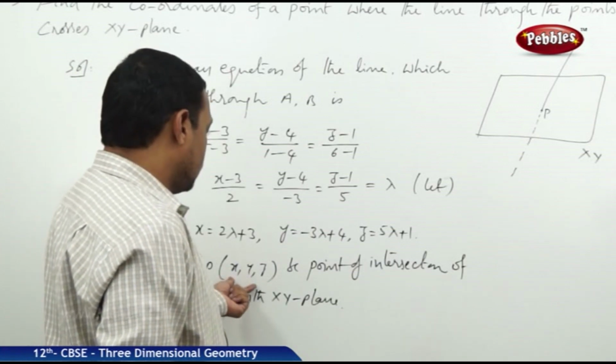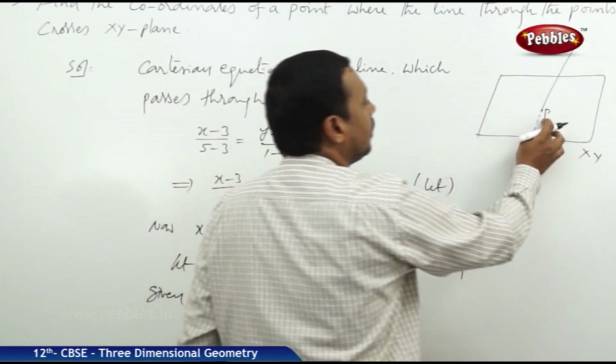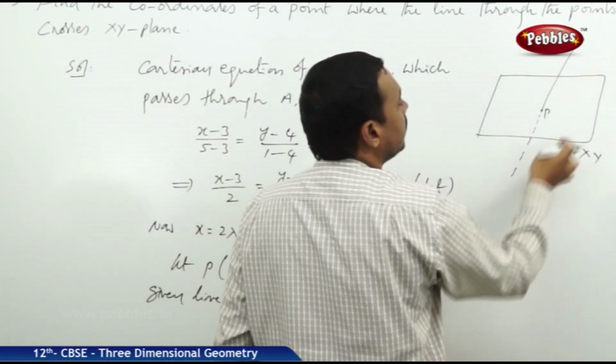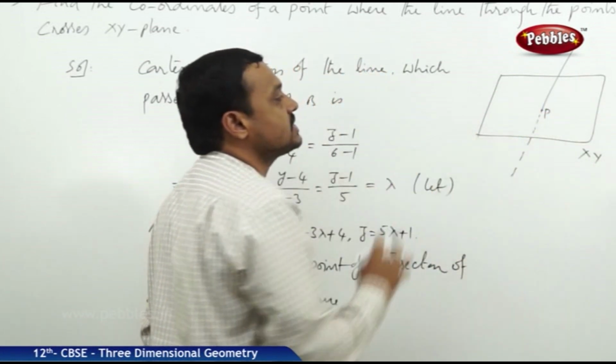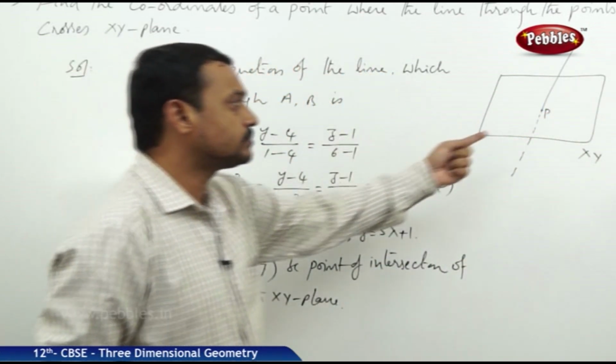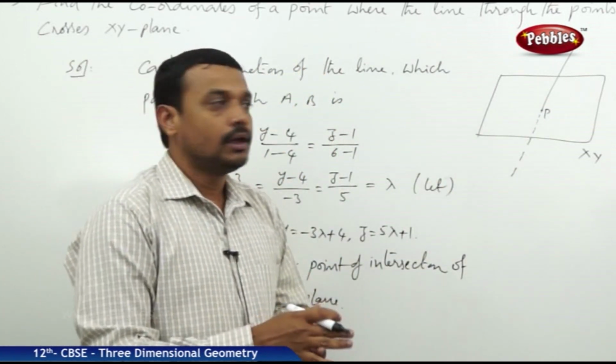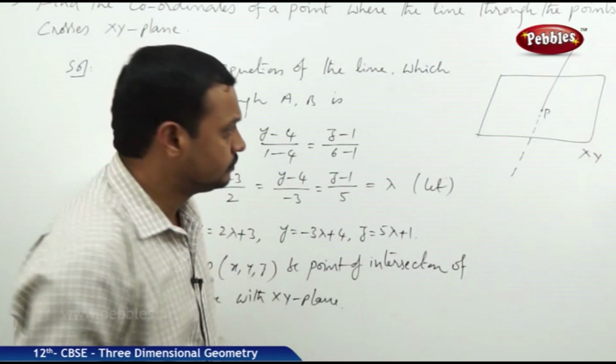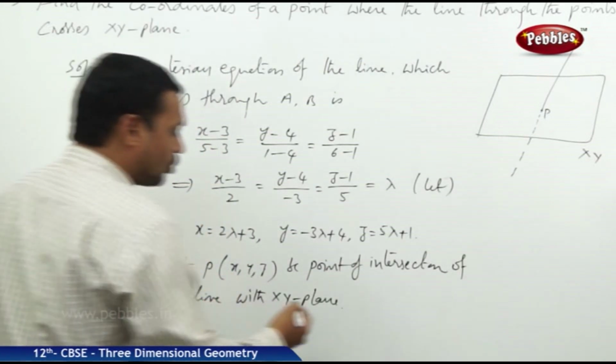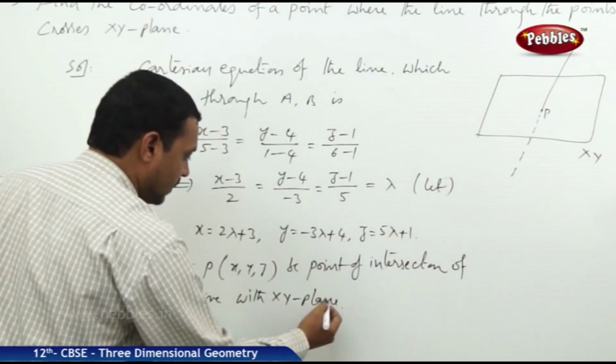See, let this point be a general point on the line. If I take that point as the point of intersection of the line with the xy plane, on the xy plane the z coordinate is 0. So clearly the z coordinate is 0 on the xy plane.